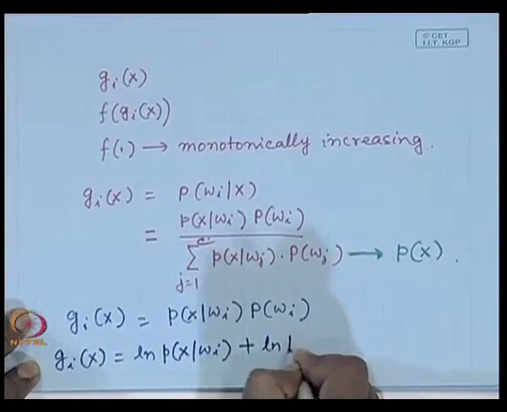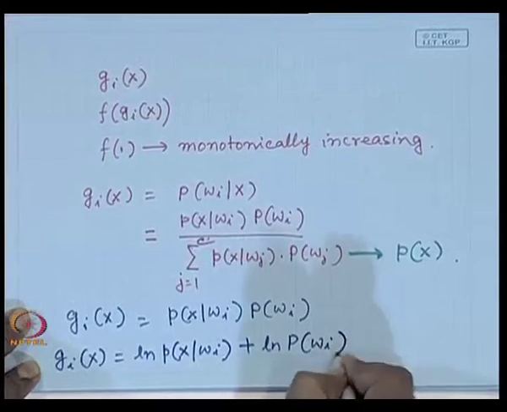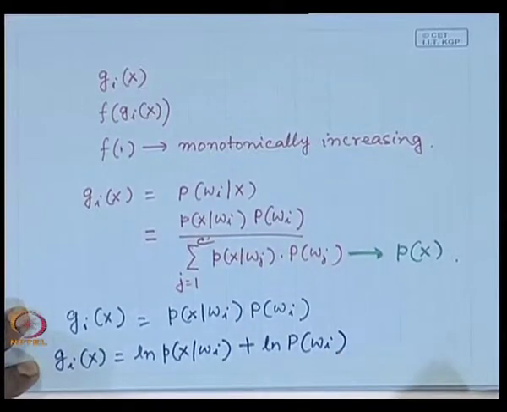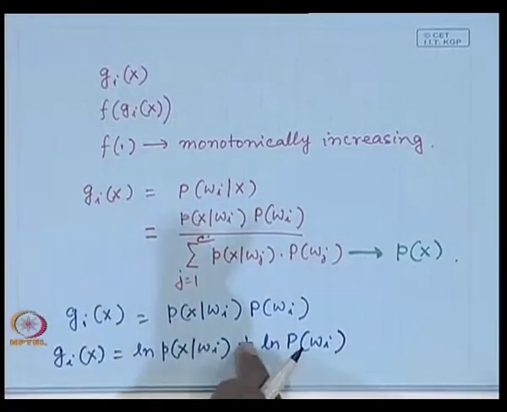This can also be my discriminant function, and here I have avoided the product by a summation. So, it becomes mathematically more convenient, right.